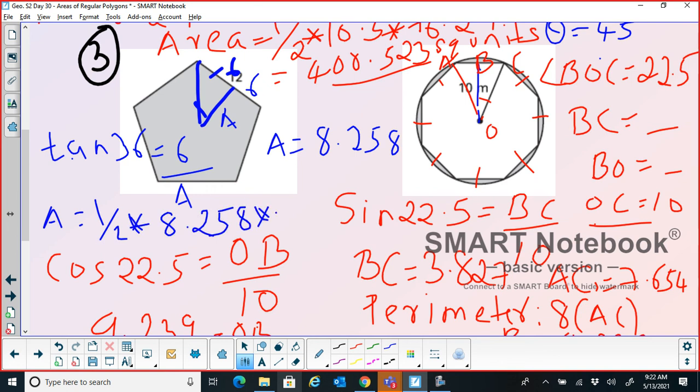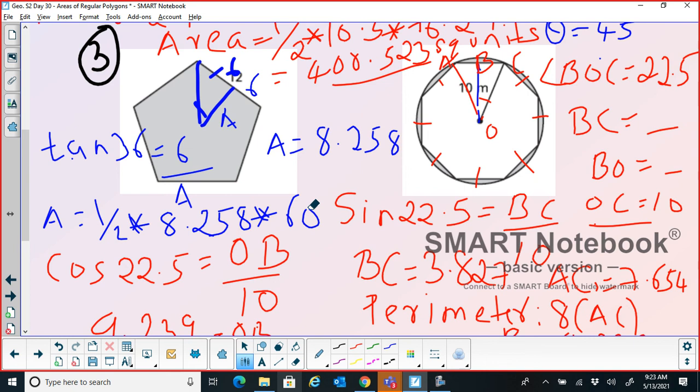Perimeter is, each side was 12, and we have pentagon 5 sides, so 60. 60 will be the perimeter, 5 times 12, and multiplying with apothem, 8.258, and dividing by half, I get 247.74 as the final answer for the area of this particular problem.